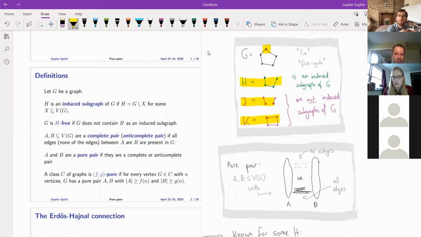Certainly if we exclude some small graphs G as an induced subgraph, we can say what happens. Like if I exclude just an edge, things get very easy. But as soon as your graphs are a little bit complicated, like this graph G, the 5-cycle, if we exclude that as an induced subgraph, we can't say very much structurally.